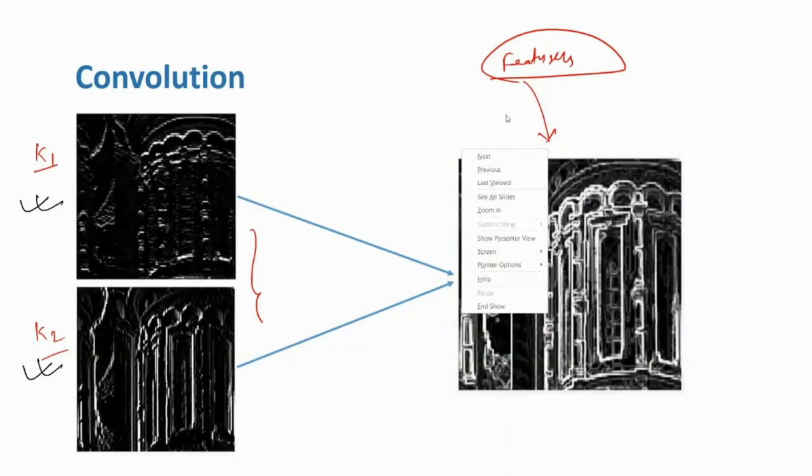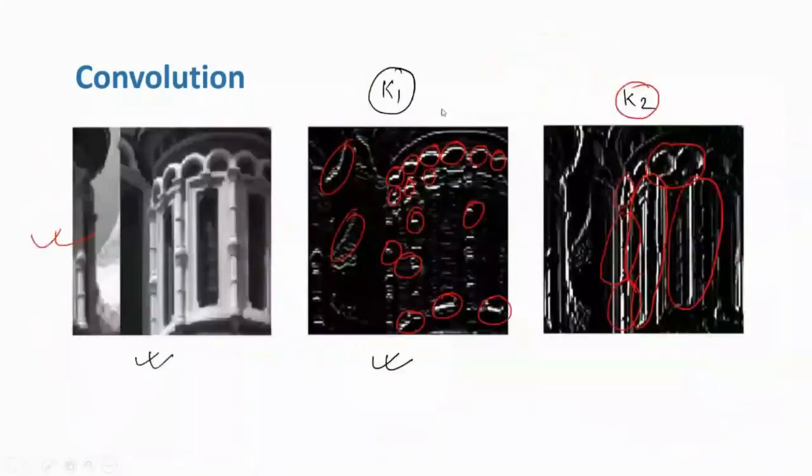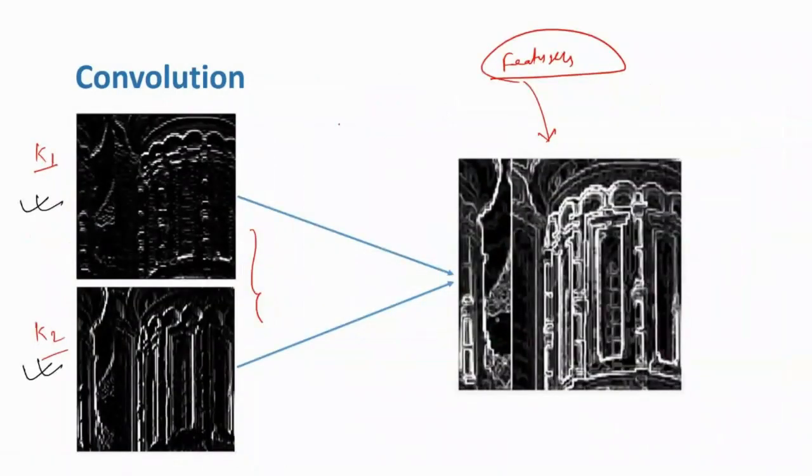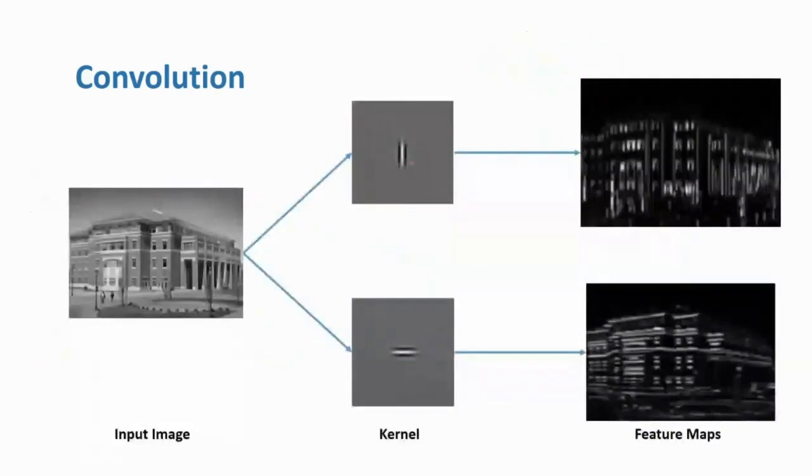Which is basically performed by the kernel. Okay, now look at this one. Suppose I am giving one input image, this original image. I'm applying one kernel. I'm applying the second kernel.